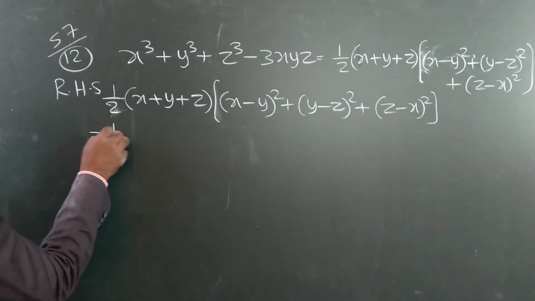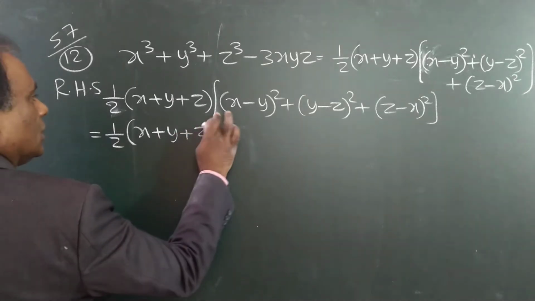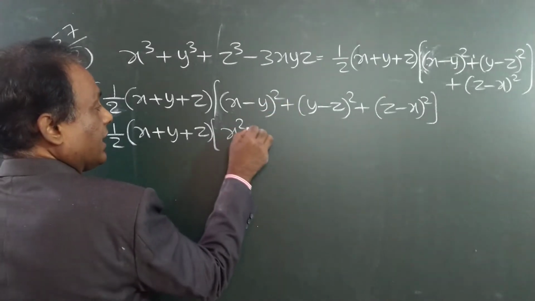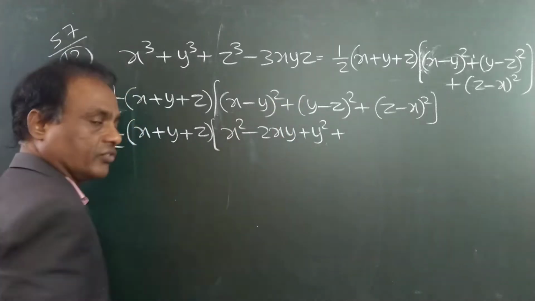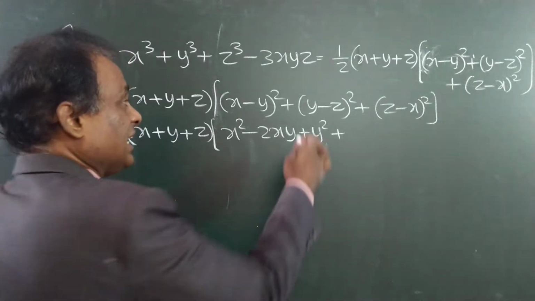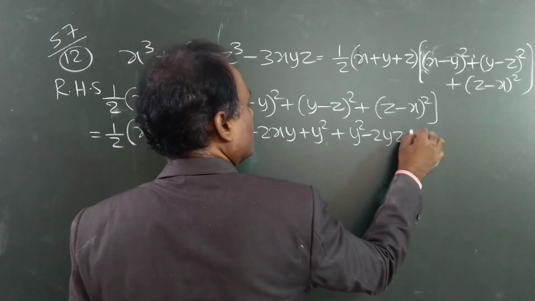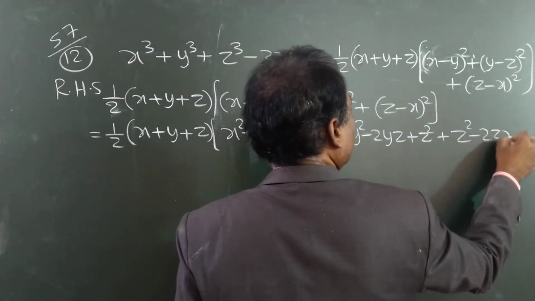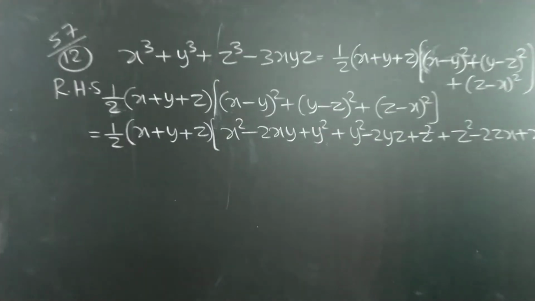See here, a minus b whole square gives a square minus 2ab plus b square. That's all, just expansion.